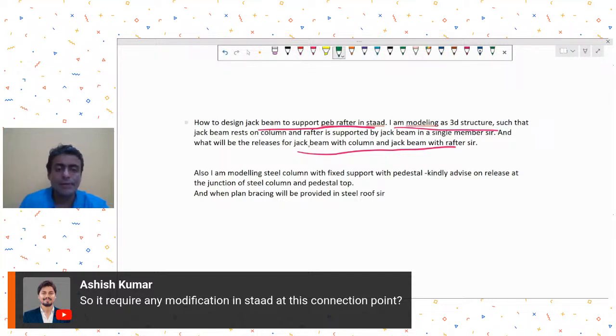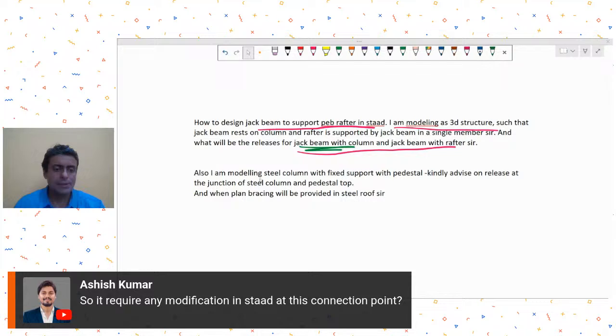So usually, do I need to share an image, or do people understand what a jack beam is? Or should I share some image? Let me see if I have some image of a jack beam. Wait a minute. I'll just open one image, and then we will discuss.